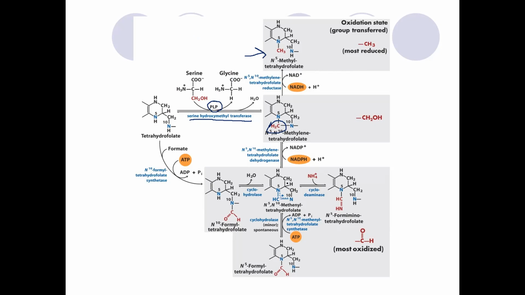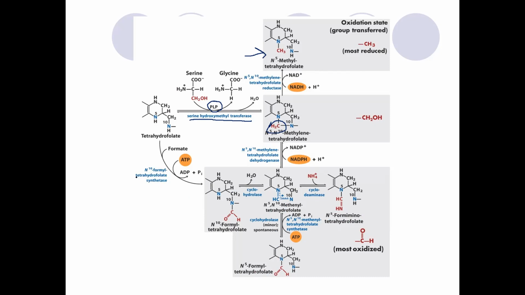This can then be converted also into the formyl group by means of a N5N10 methylene tetrahydrofolate dehydrogenase. This reaction, as you can see, is reversible. That gives you the N5 formyl. There's a cyclohydrolase that will convert this to a N10. And then you can turn it into the formimino group by virtue of a cyclodeaminase.